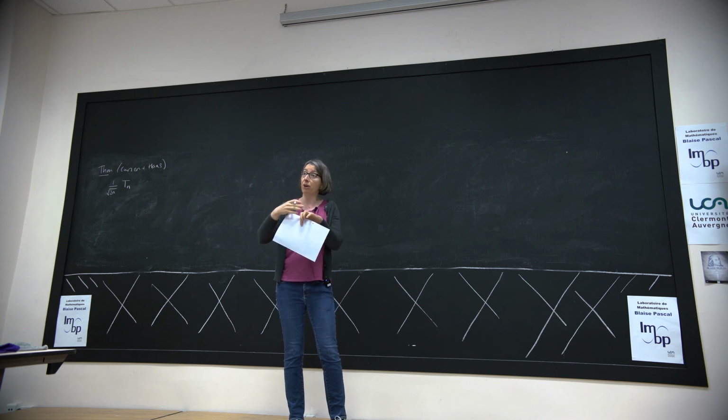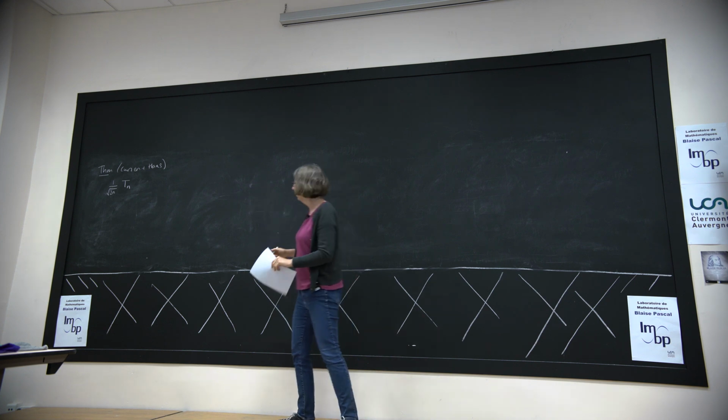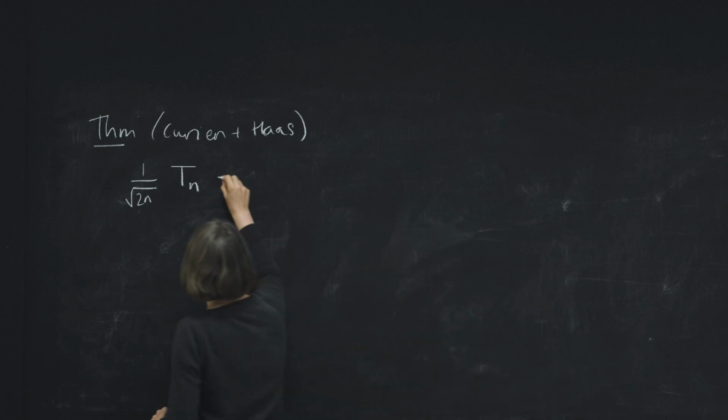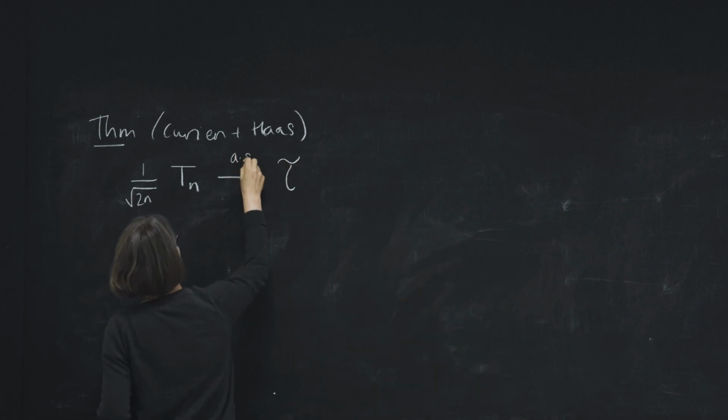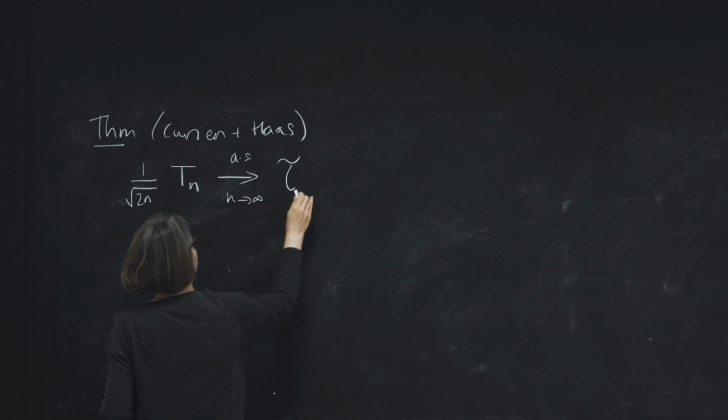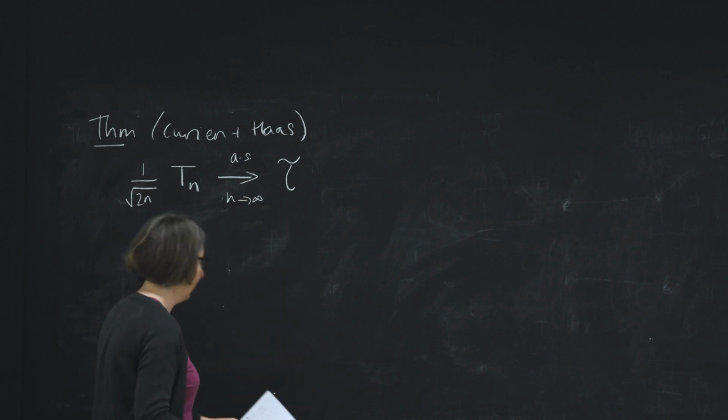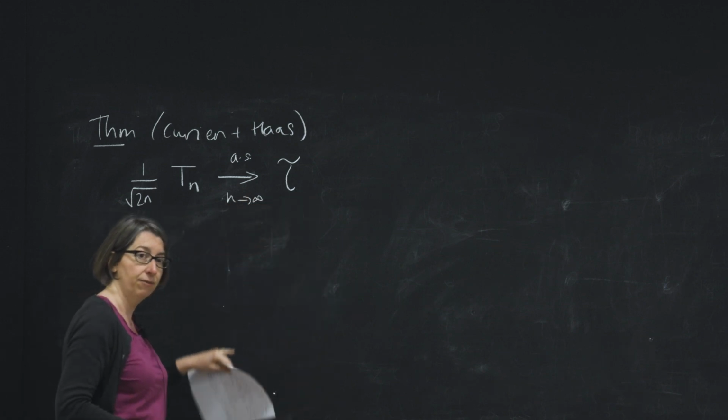Every time I come along and add a new edge, I'm going to add it in a new coordinate of L1, just as I did for the line-breaking construction of the CRT. And then we can make sense of the following statement. This converges almost surely as n goes to infinity to the Brownian CRT. And what's the sense of this convergence?